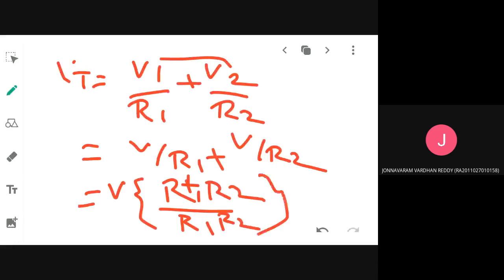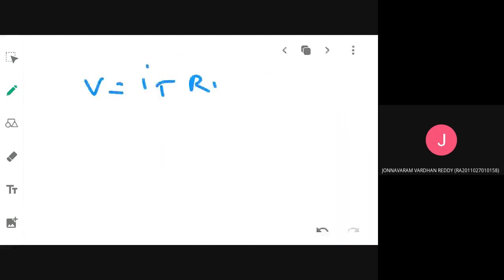On this side I have IT, but I want to know the value of V. So cross multiply. What will be my V? V is equal to IT into R1 R2 divided by R1 plus R2.